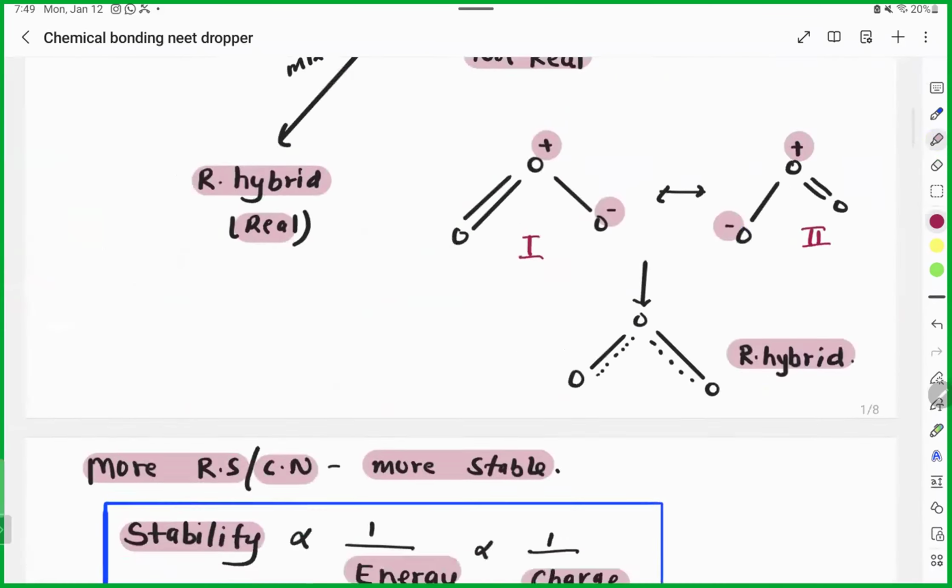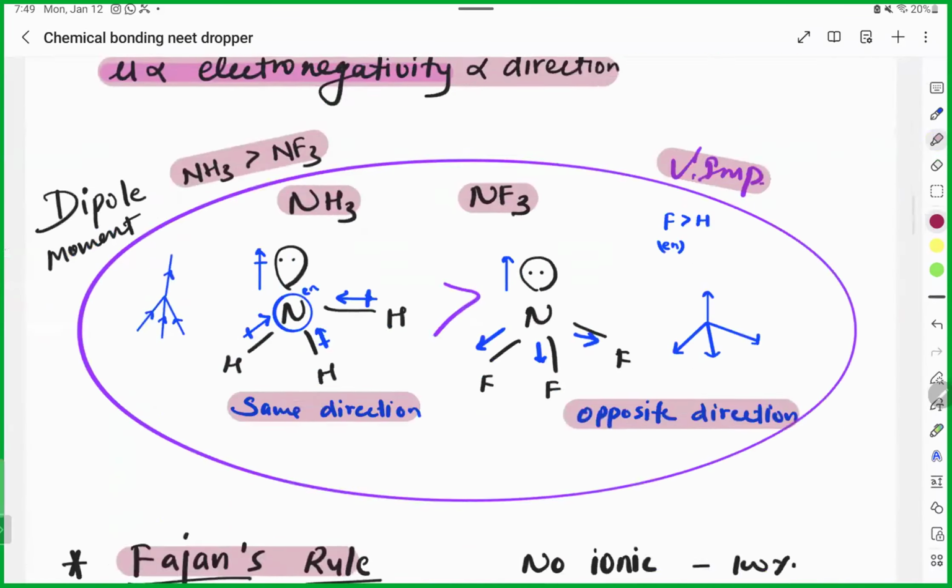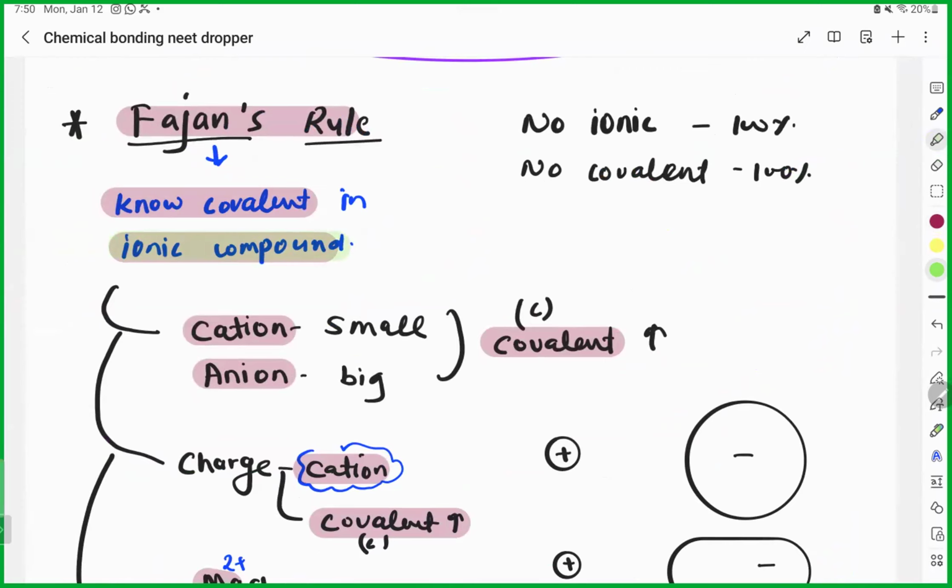So, Chandana, you asked about Fajan's rule. Remember, when we are talking about ionic compounds, no compound is 100% ionic, no compound is 100% covalent.